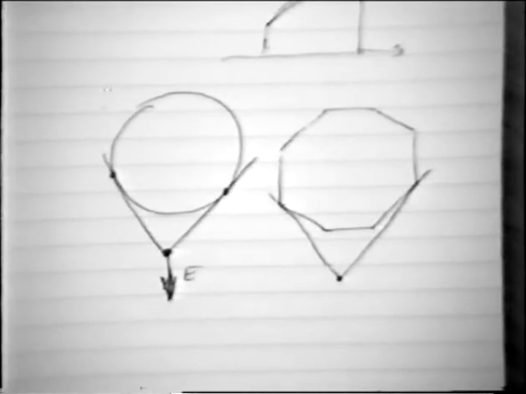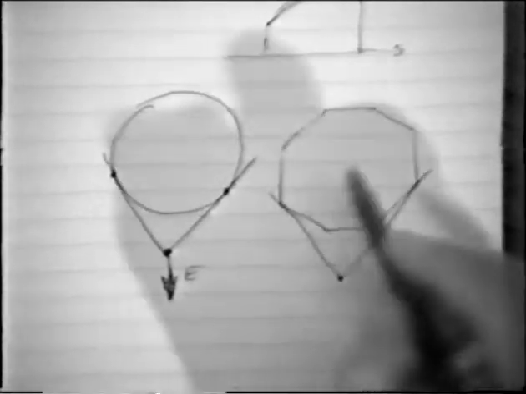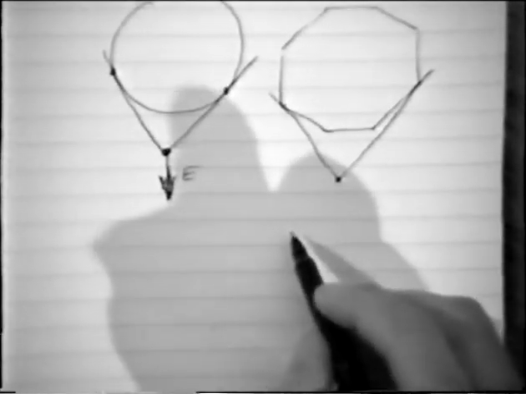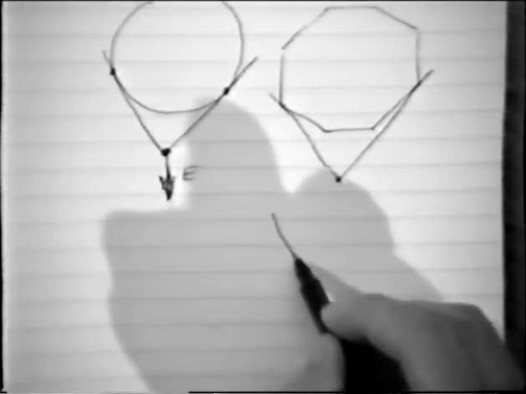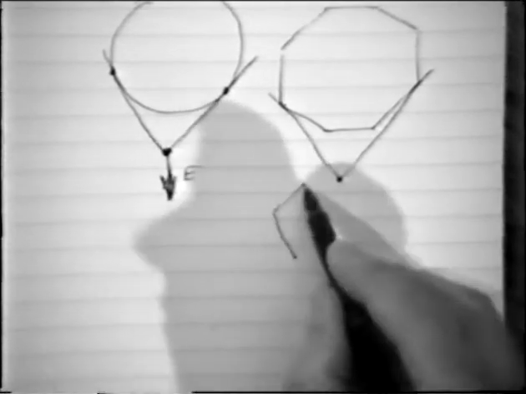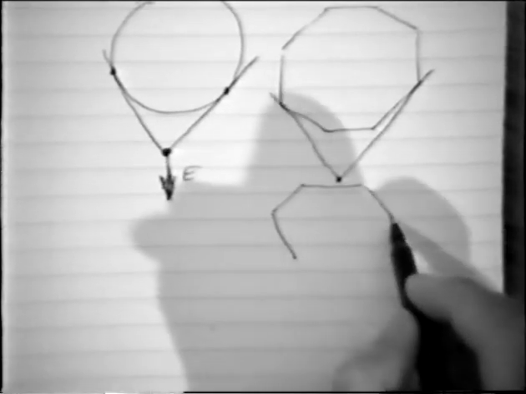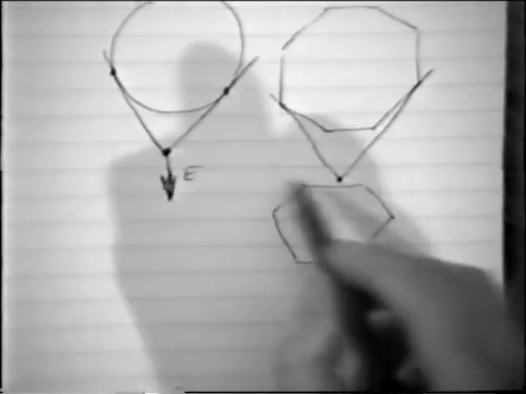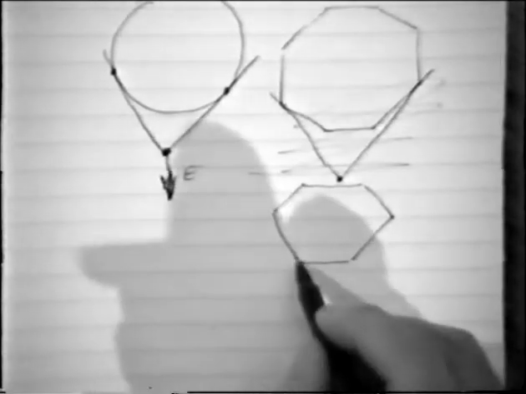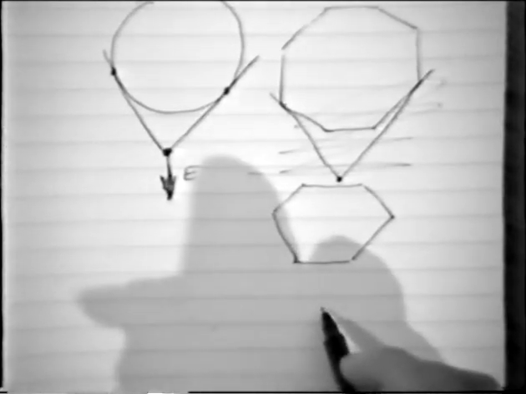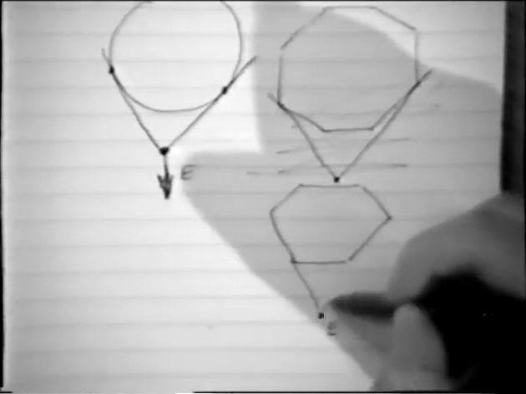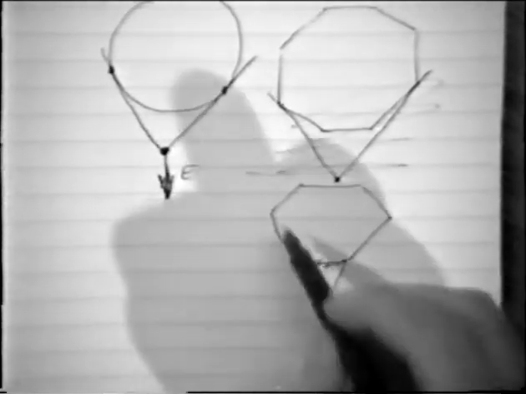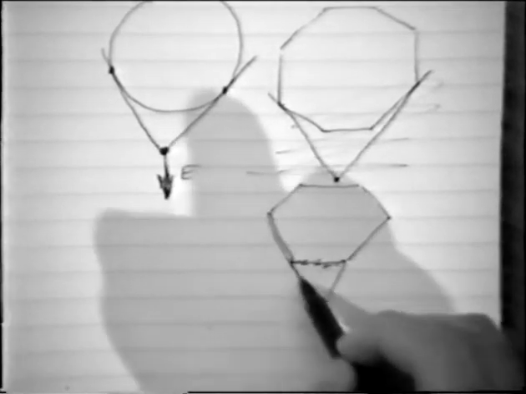I'm trying to reconstruct the geometric situation that illustrates the problem here. Something like that. Here's the eye. The idea is we're going to see this polygon here, and we're going to see a little slice of this polygon here.